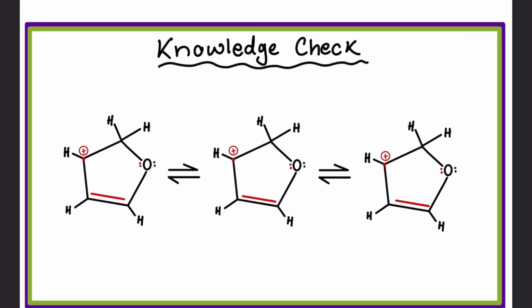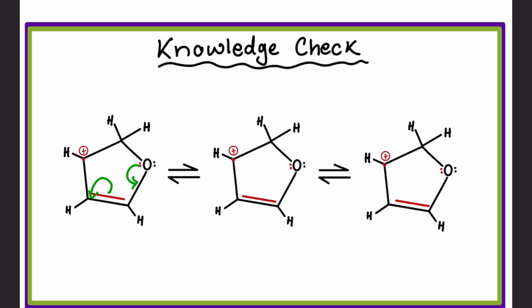Welcome back. Let's get into it. It's best to start with the delocalized lone electrons on oxygen, moving them over here, and then moving this single bond over there.